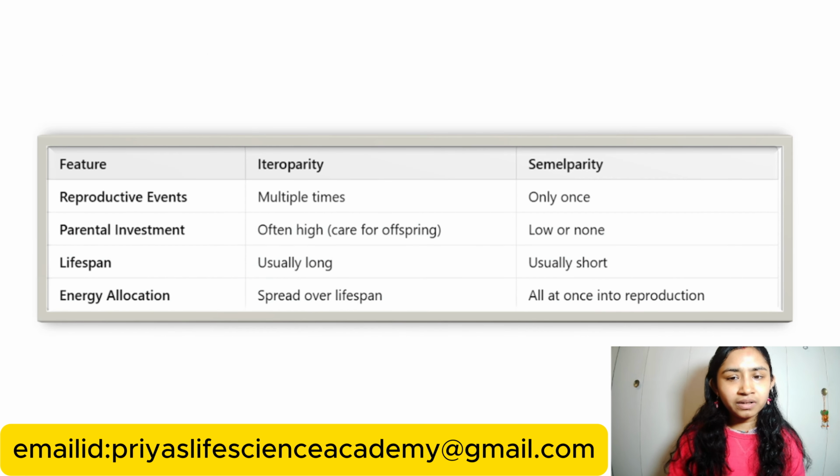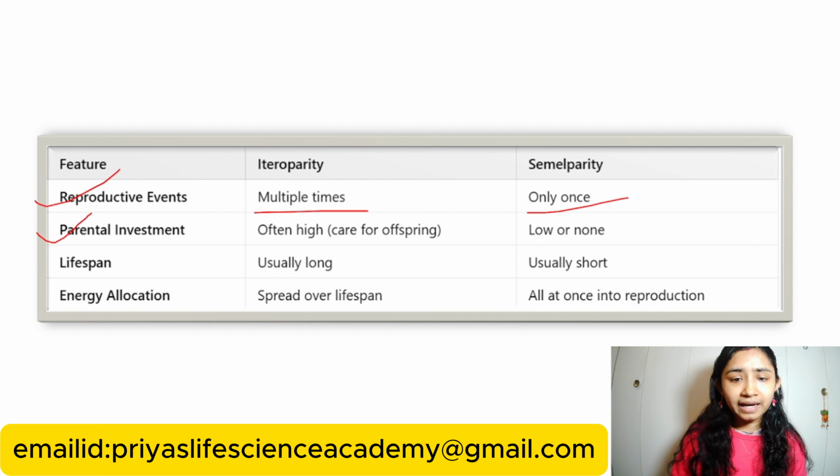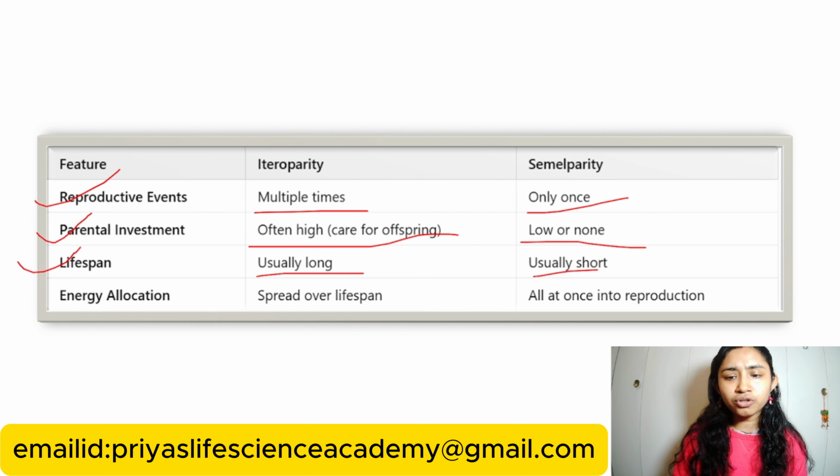Now the difference is here. Reproductive events for Iteroparity are multiple times over the lifespan, and for Semelparity only once. We have parental investment, often high care for offspring, and for Semelparity it's low or none. Lifespan is usually long for us, and Semelparity usually has a short lifespan.